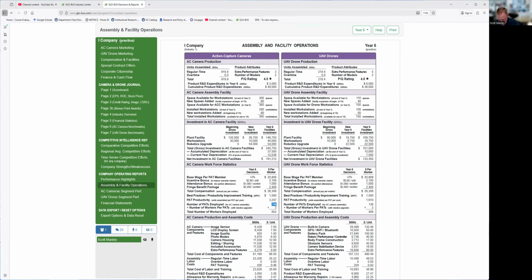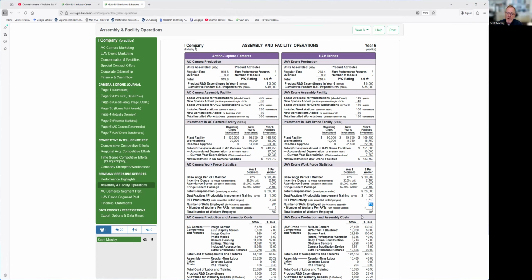Now, 284 divided by 360 is going to be a pretty abysmal number. If I do the math on that, it shows me that I only did 78.8% of capacity. So I had almost 22% of my factory sitting idle. Over in the drone facility, I had roughly 10% of the factory sitting idle.